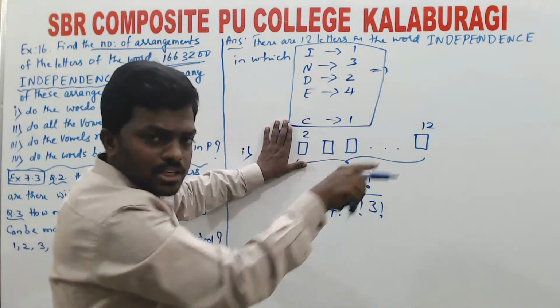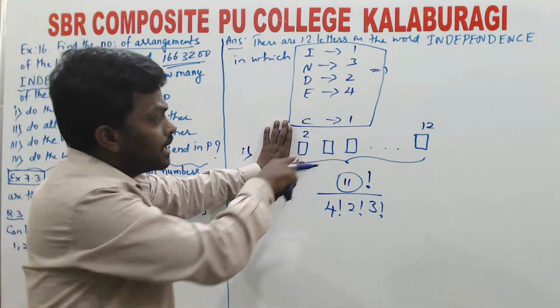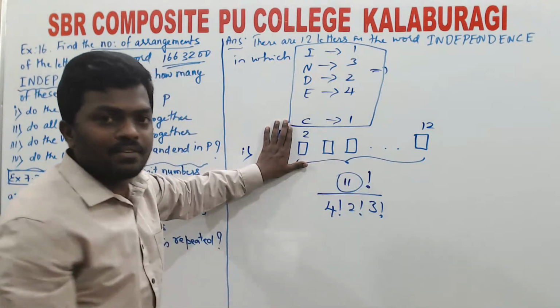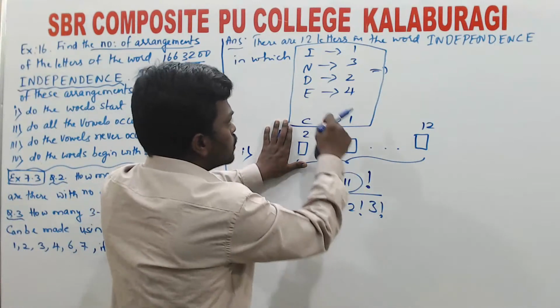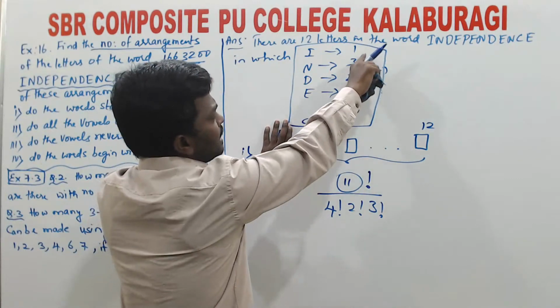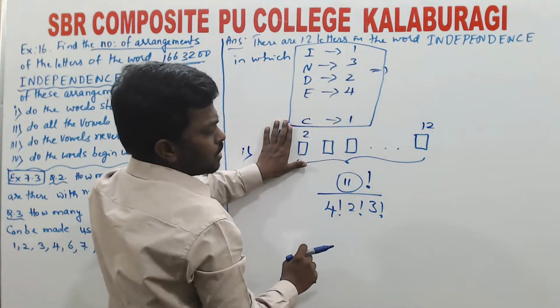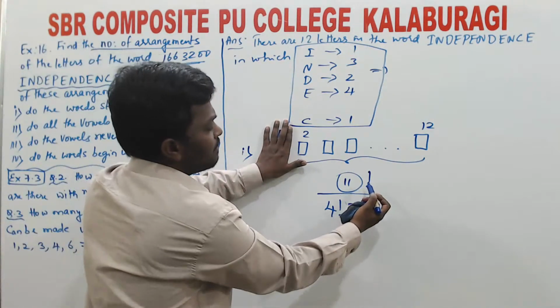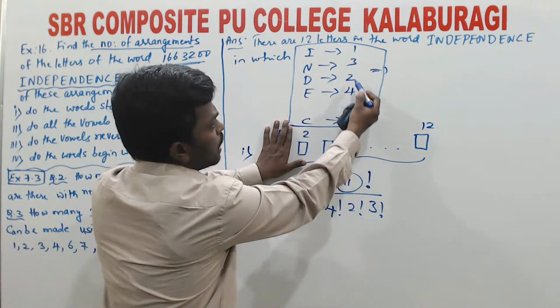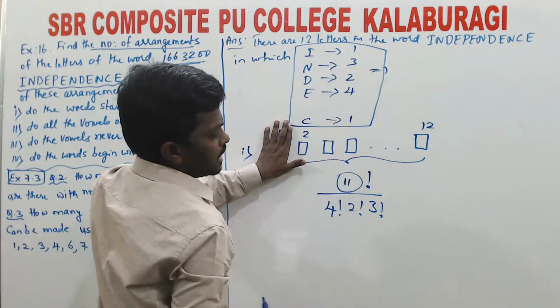That kind of arrangement among the remaining 11 boxes will be 11 factorial, right? P is gone, and still there are some letters which are appearing more than once. So use the not distinct objects formula: 11 factorial by 4 factorial into 2 factorial into 3 factorial.